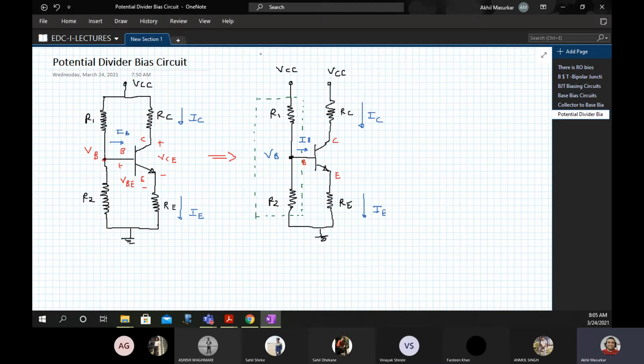Let me show you that. The output side remains as it is, so RE and RC would remain the same.